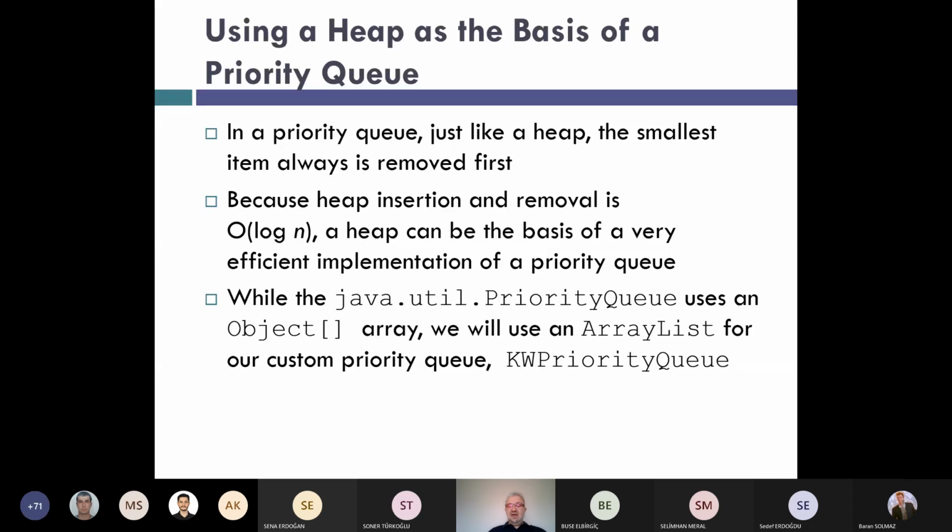We are going to implement priority queue just like a heap, since in a heap, removal of the smallest element and accessing the smallest element is fast, remember? So we can use heap algorithms to implement priority queue. Remember, it takes logarithmic time to insert and remove.